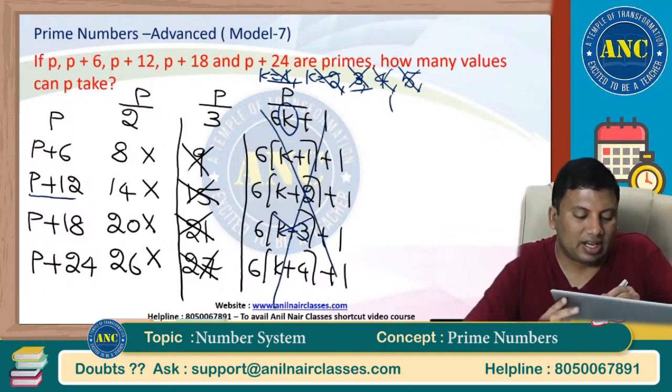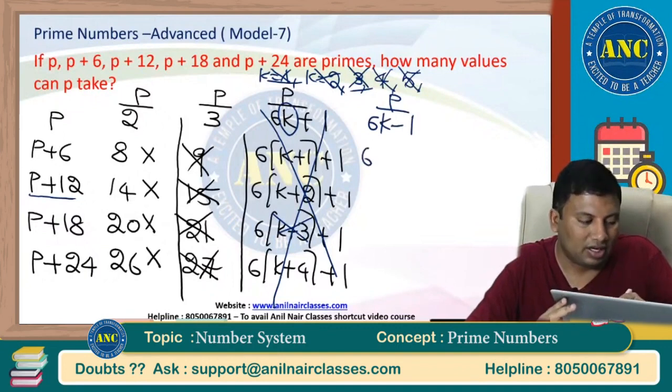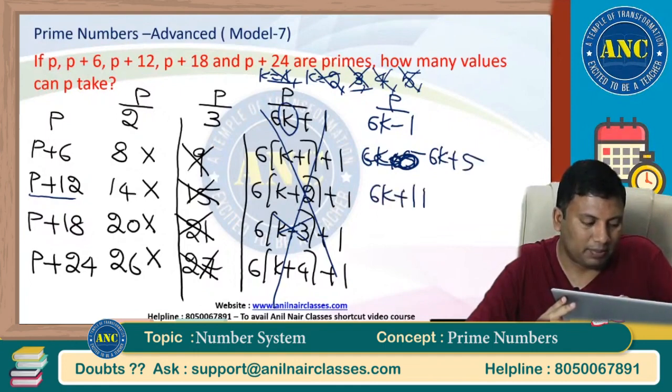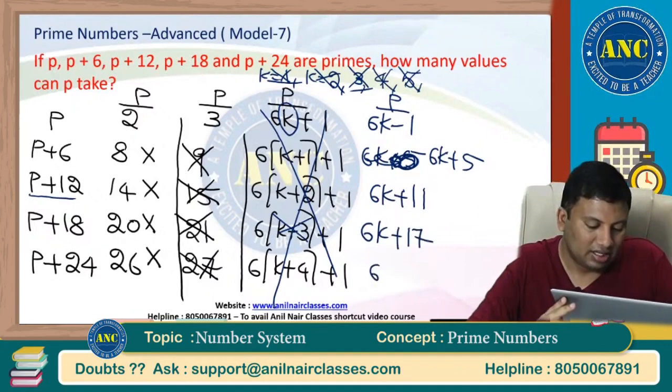Next, let us take 6k minus 1. If I take 6k minus 1, then the next terms are 6k plus 5, which is 6k minus 1 plus 6, then 6k plus 11, then 6k plus 17, then 6k plus 23.